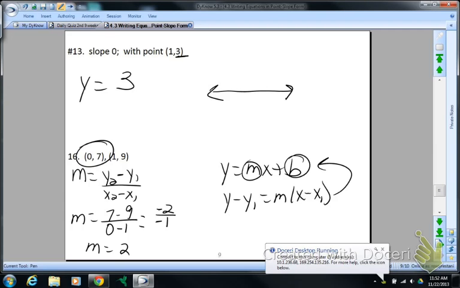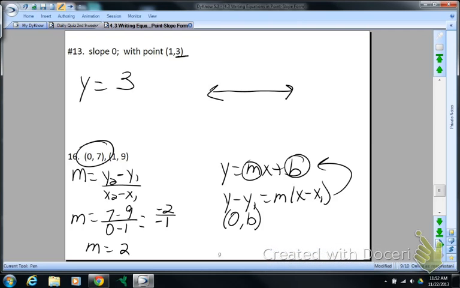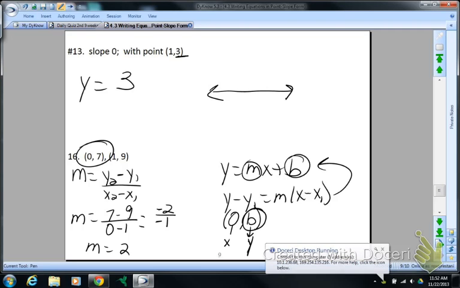That is your y-intercept. How did you know that? Because remember, your y-intercept is always (0, b), where this is your x, this is your y. So if you're ever given a point where x is 0, then this y is also your b, so we don't have to use the point slope formula.